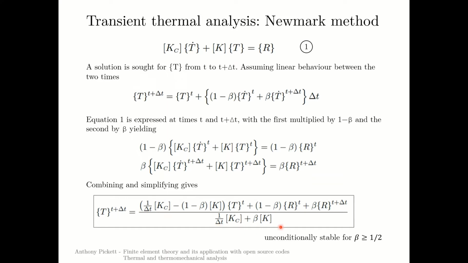If beta is less than 1/2, then you have to use an explicit integration scheme, and you have to use a certain time step, which is given by a certain criteria, which I've given in the book, but I haven't stated it here. But normally we would use an implicit scheme with beta equal to 1/2. So that's basically the idea, and as I say, that's what's used in CalculiX. Or this basic idea is used within CalculiX.